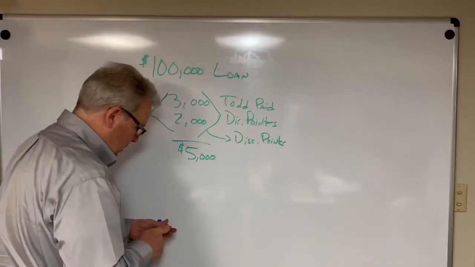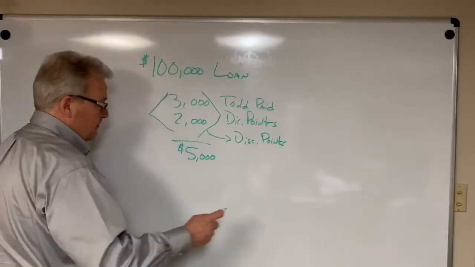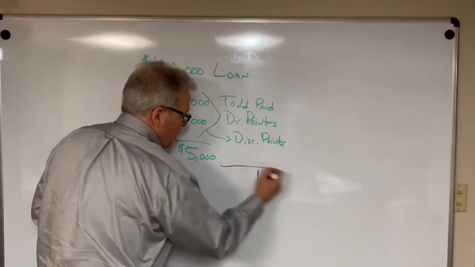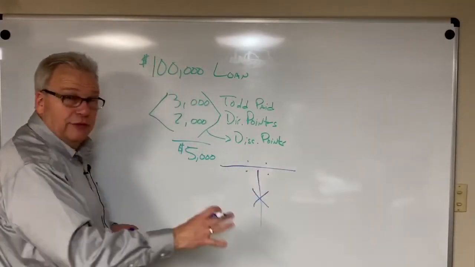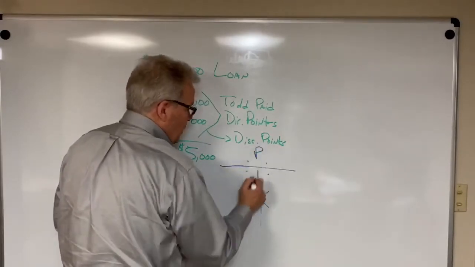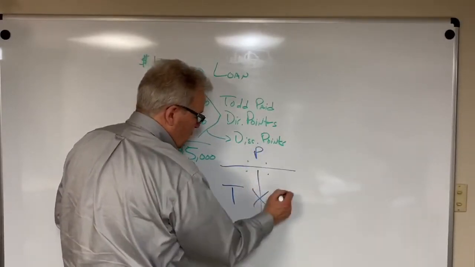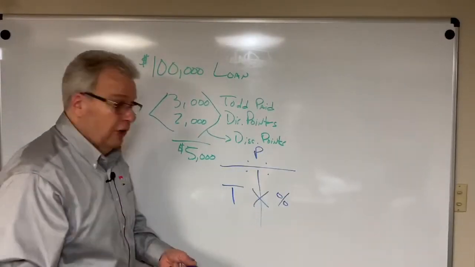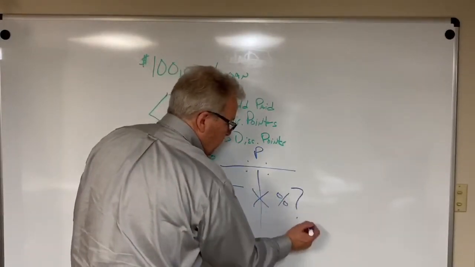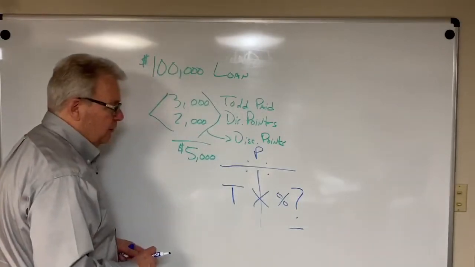Remember our formula? We draw our T out. I always like to put my math symbols on there. This is part, this is total, this is percent. They want to know how many points were charged. We're solving for the rate this time, or the point, the percentage.